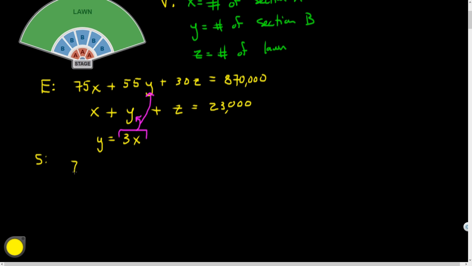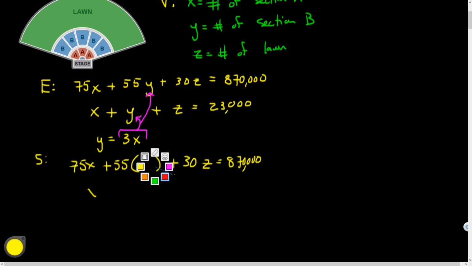And so up top, I'll have 75x plus 55 times 3x plus 30z equals 870,000. And then I'd also have here x plus... all right, let me do that one first, and then I'll simplify it.